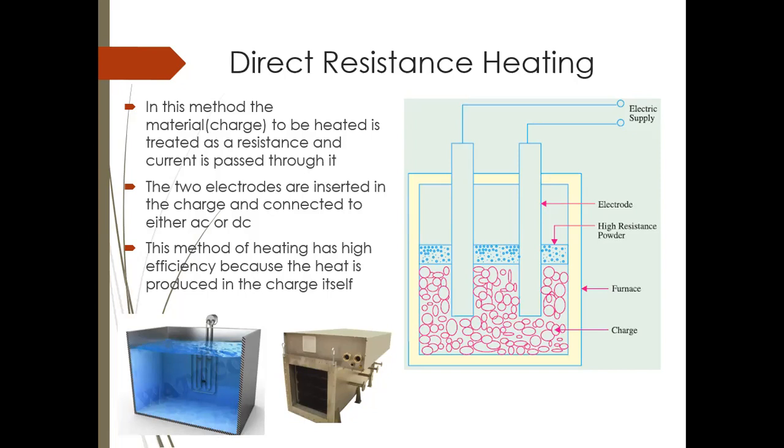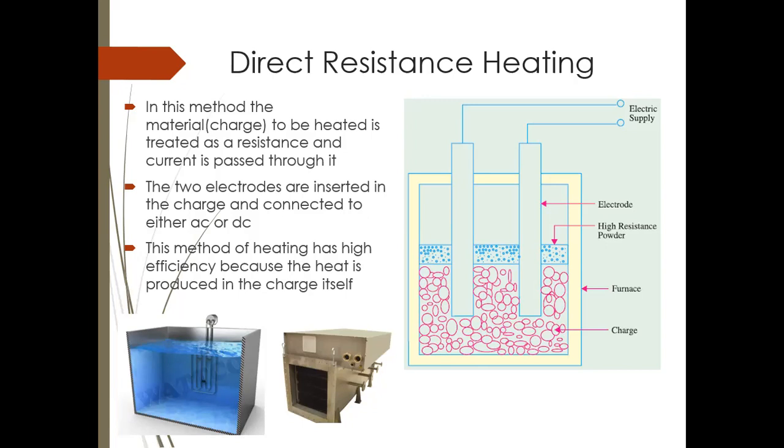When the charge is in the form of small pieces, a powder of high resistivity material is sprinkled over the surface, as we see in the blue material. This high resistance powder is sprinkled over the surface of the jar to avoid a direct short circuit.